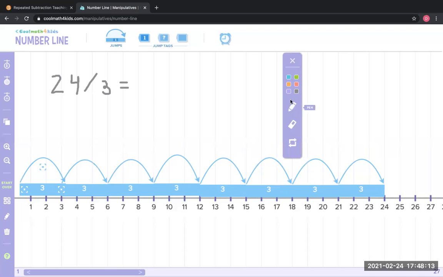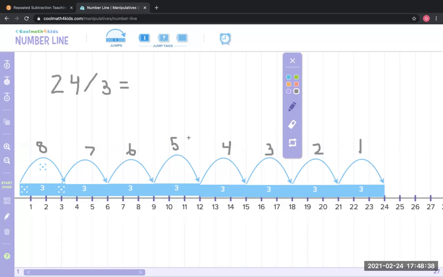So what I want to do is count these out, how many jumps there are. So there's 1, 2, 3, 4, 5, 6, 7, 8. So right there, we think our answer is 8.